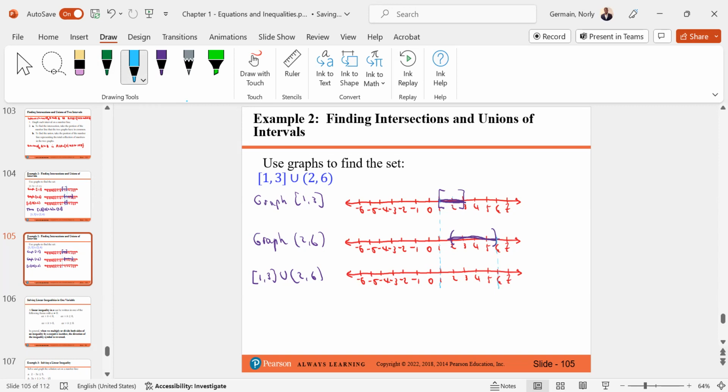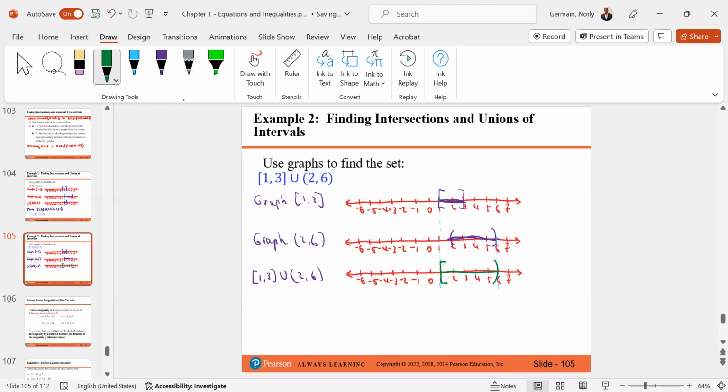I'm not taking only the common area, I'm taking everything. So the set for this one would be bracket 1 and parenthesis 6. See, this is the union.